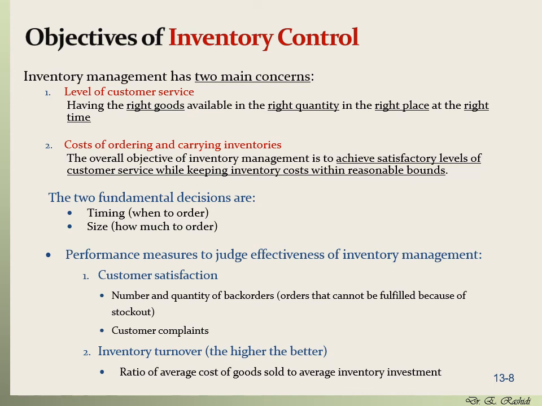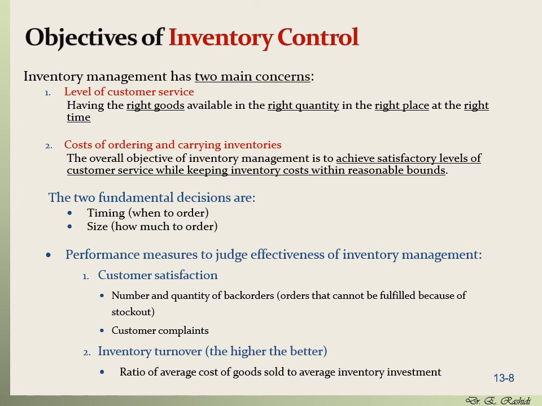A measure for that is the number and quantity of back orders, the number of orders from customers that cannot be fulfilled because of stockouts, because you don't have those products in inventory. That's a sign that you're not maintaining satisfaction. Also, the customer complaints. These are measures you can use to judge the level of customer service and satisfaction, which is one of the purposes of inventory control.